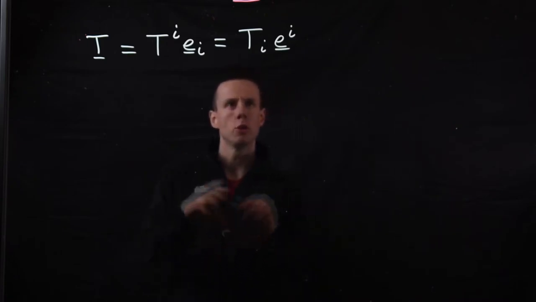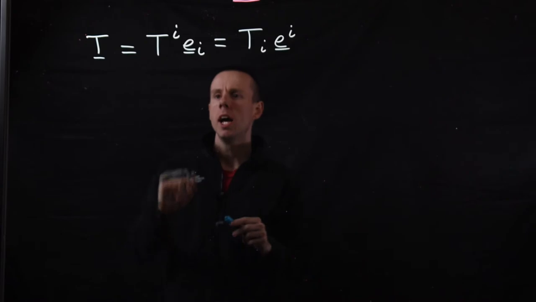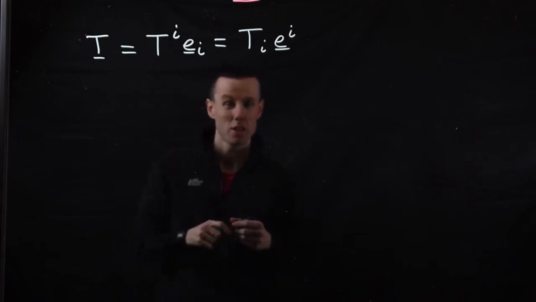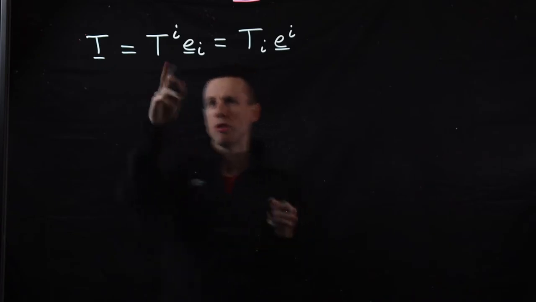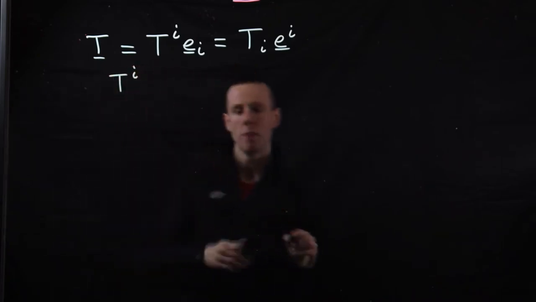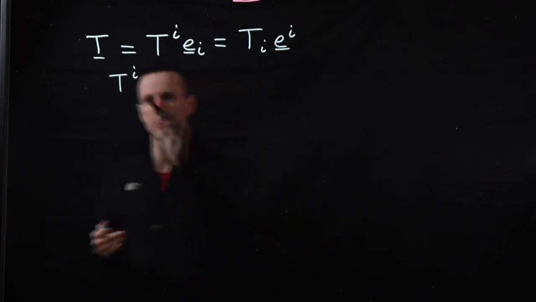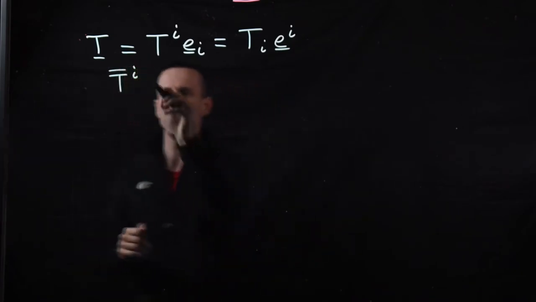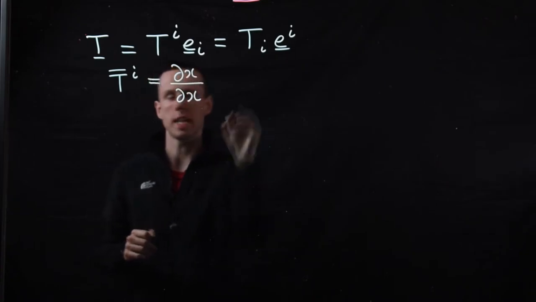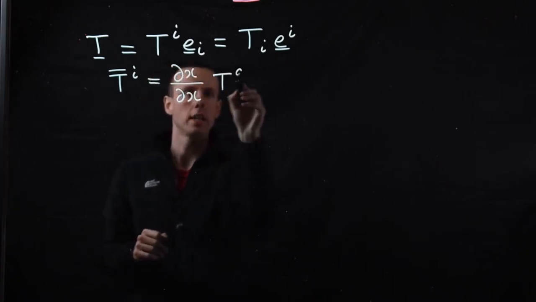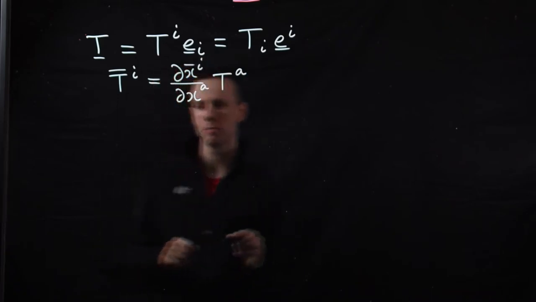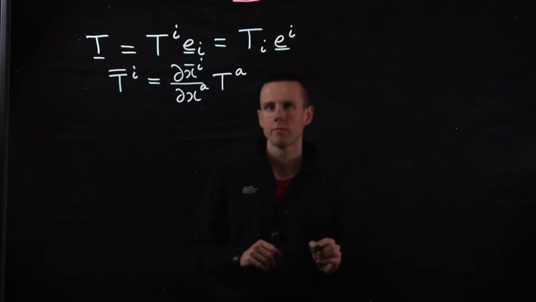And what do we need to know about these different objects? We need to know the transformation laws. That's the most important thing really. For the contravariant components T^i, if we transform to another coordinate system, with a bar, the transformation law is as follows: T bar i equals dx bar i over dx a times T^a.